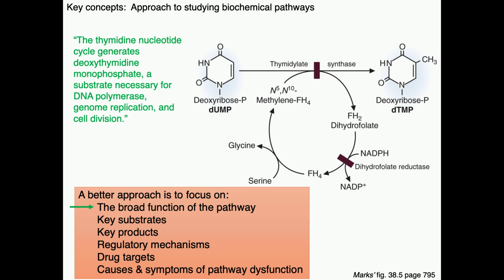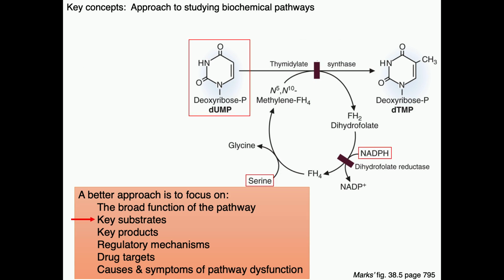Okay, then the key substrates, in this case, the uridine monophosphate, the serine, this is the amino acid that is the ultimate carbon donor for that methylation reaction, and then NADPH. So the significance here will be appreciated shortly. This is a key source of reducing energy within the cells. Then we'll look at the key products.